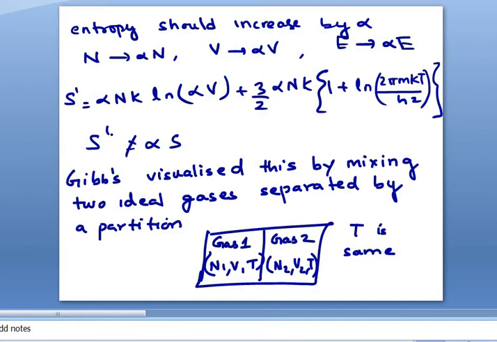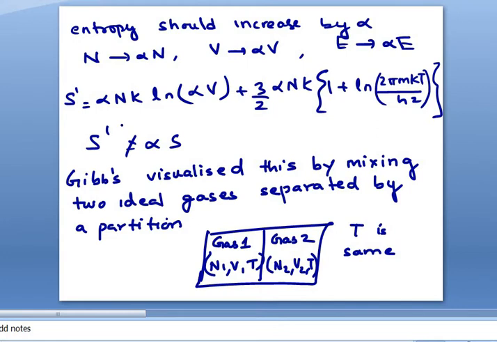The rest of the things are fine when you multiply alpha externally, so you are getting alpha S. But in this case it is not alpha S, because earlier you had ln V, now you have ln alpha V. So we say S prime is not equal to alpha S. This is a slightly unphysical situation because entropy is supposed to be extensive in nature, so some corrections are needed.